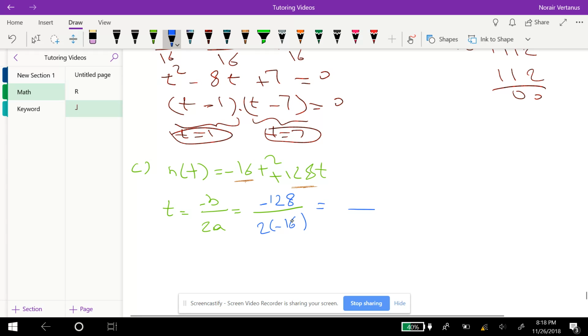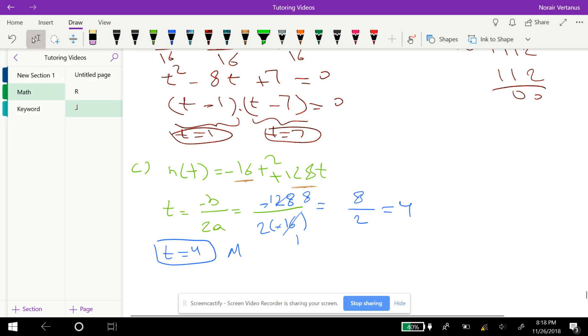And then negative divided by negative cancels. 128 divided by 16 was 8. So this divided by 16, 1. This divided by 16, 8. Because we divided that earlier. So what's left? 8 over 2. That's equal to 4. So t equal to 4.